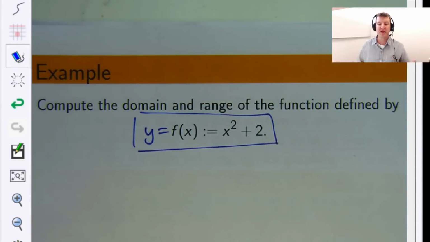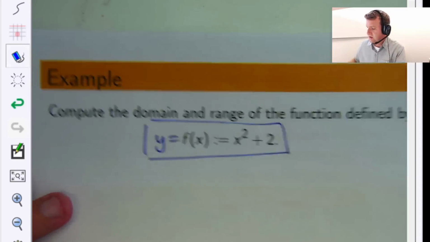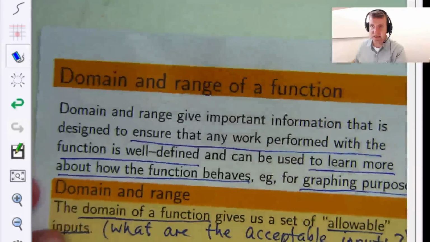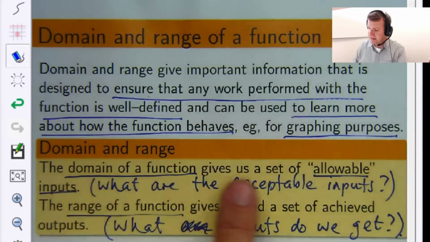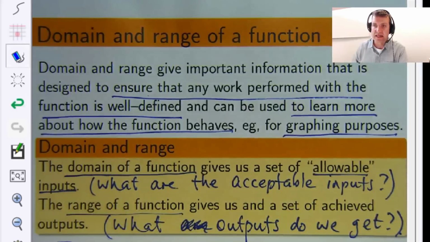Now, some of you may be going, well, that's easy, Chris, I can do that. Yes, it's pretty low on the difficulty scale, but it's a little bit tricky. And generally, with ideas like domain and range, people feel they understand them, but they can't quite put their finger on them. So let's remind ourselves what domain and range is. For a function, basically the domain gives us a set of allowable inputs.